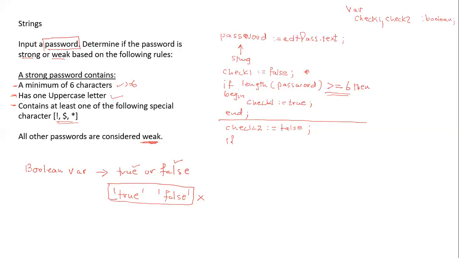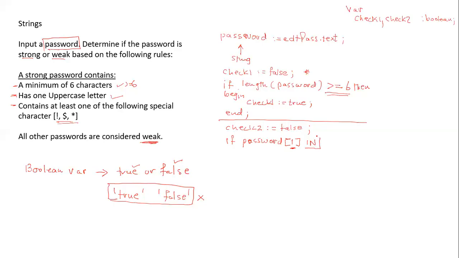So if, how do I check the first letter? Well, I will then say password, square bracket 1, treat it like an array. 1 means check the first character. And how do I check if it is uppercase? Well, I can make use of sets.